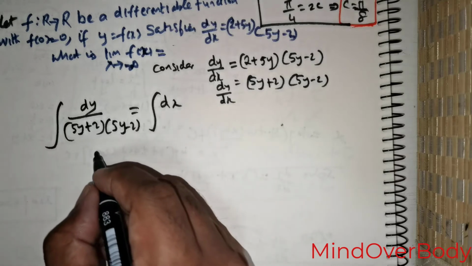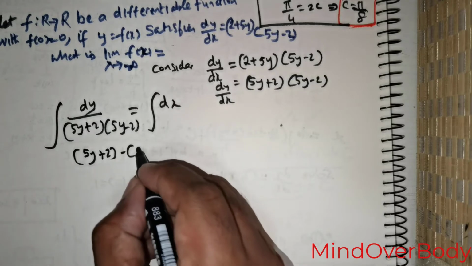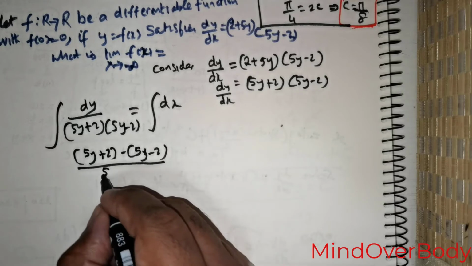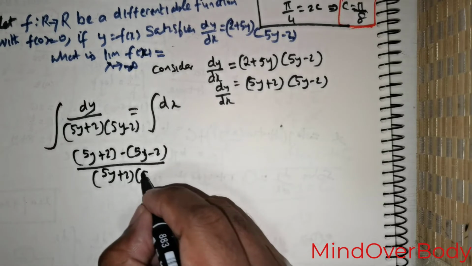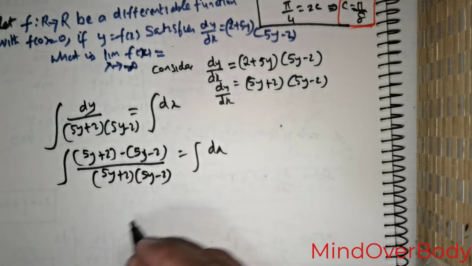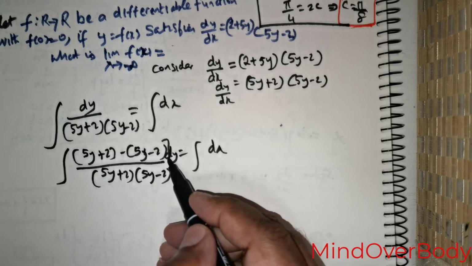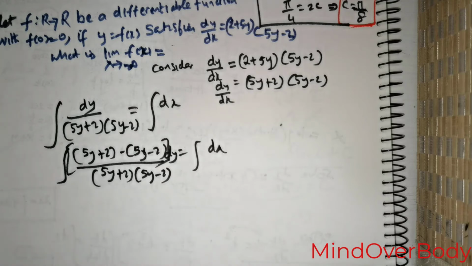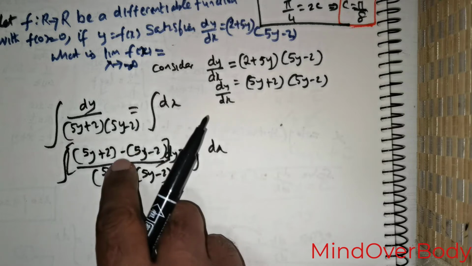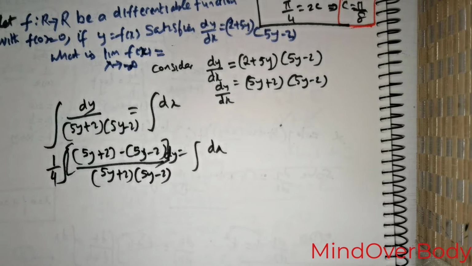For example, on the left hand side I can rewrite this as (5y + 2) - (5y - 2) divided by (5y + 2)(5y - 2) is equal to integral dx, and this has to be integrated with reference to dy. Clearly you can see that 5y minus 5y get cancelled. 2 minus negative 2 will give me 4. I need to get a 1 there, so I'm going to multiply by 1 over 4.